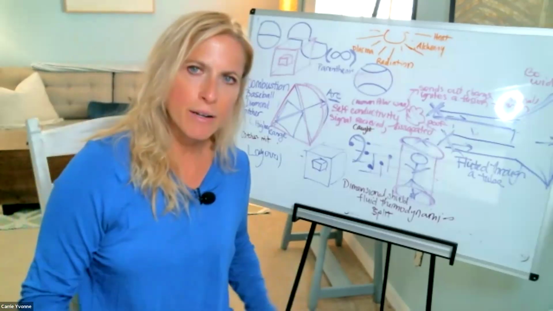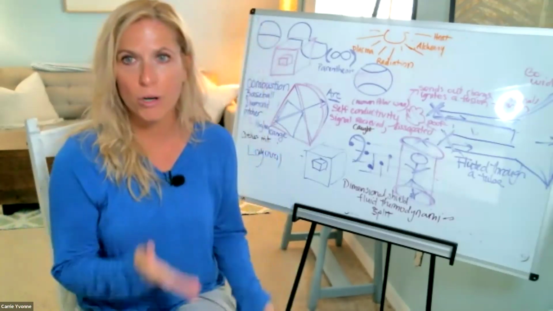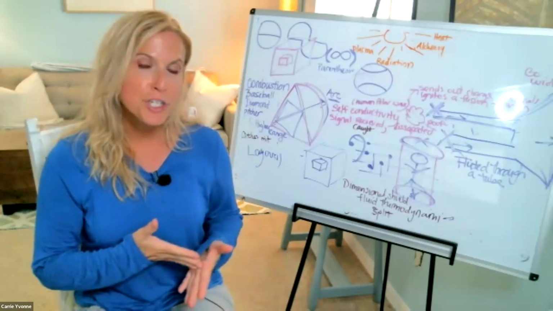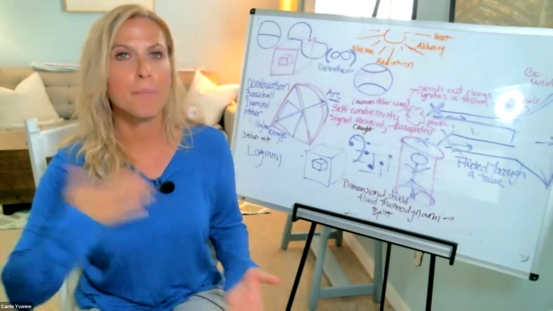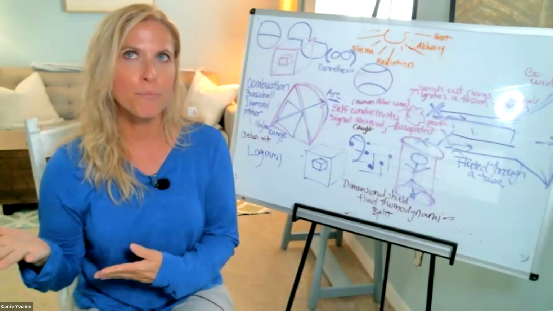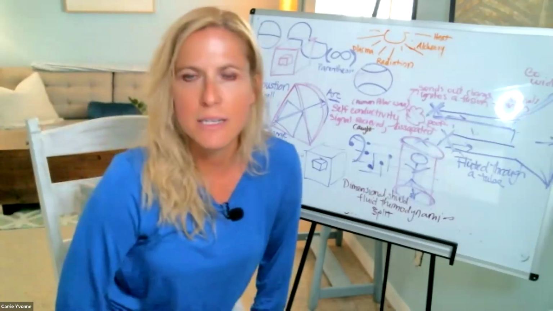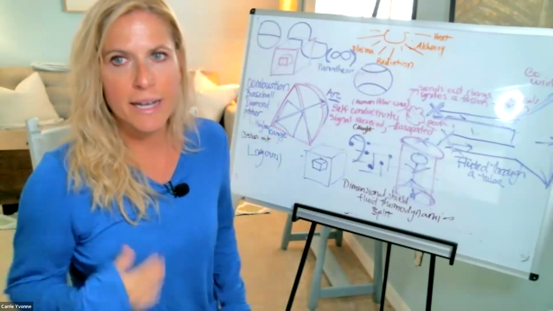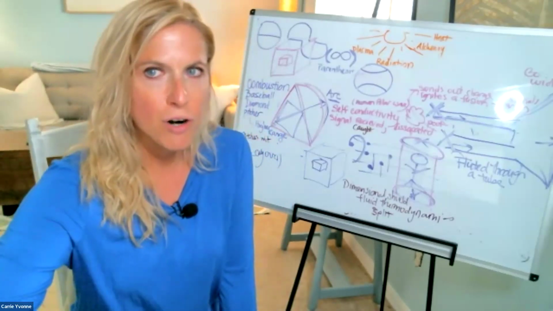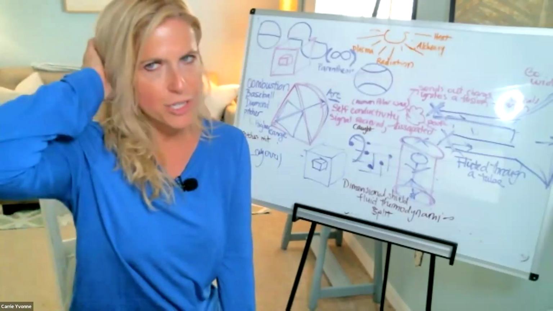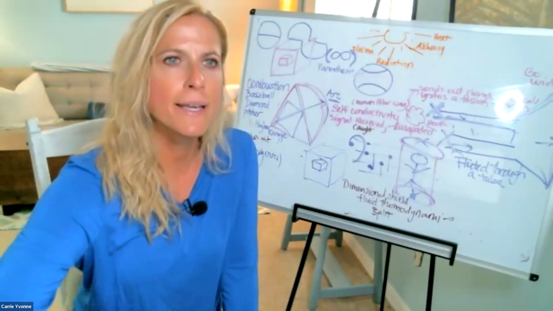So I said earlier, and a lot of us have heard that we're going from one version of the human into an upgraded version of the human. A lot of people have been talking about carbon to crystalline, and I'm sure there are scientists that can explain that, or teachers that are explaining it. Maybe the two teachers I mentioned at the beginning of this video are already talking about it.